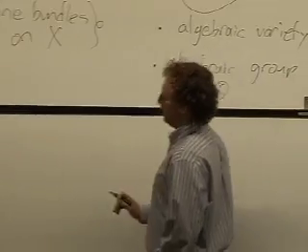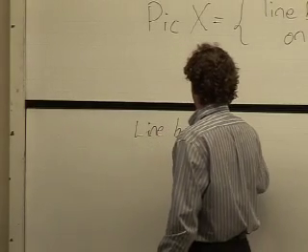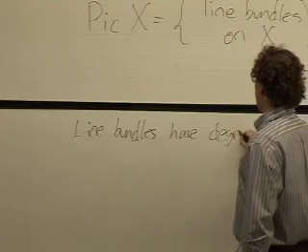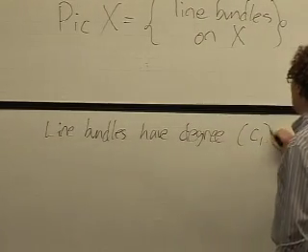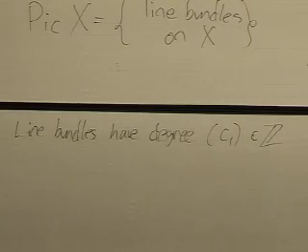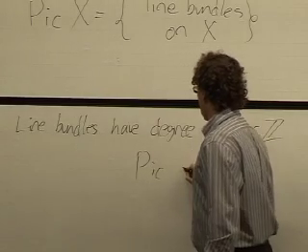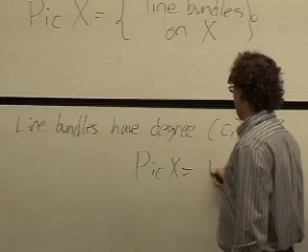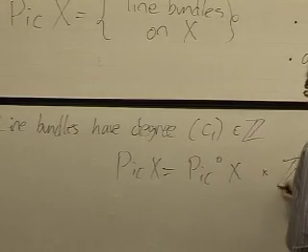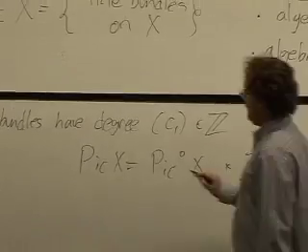What else does this look like? Well, line bundles have a degree, or if you'd like, the first Chern class, which is an integer. And so we have a map from the Picard group to Z. And in fact, the Picard group of X can be written as a product of Pic^0 of X across the integers, where Pic^0 of X is the Jacobian.